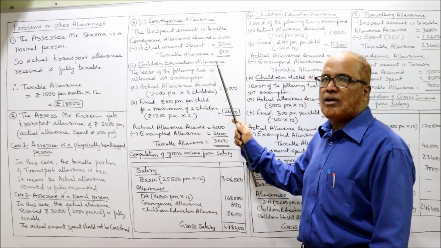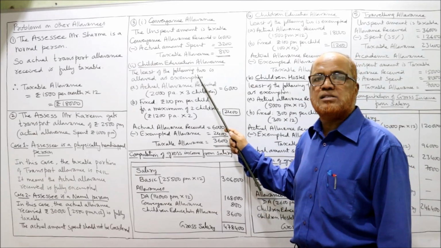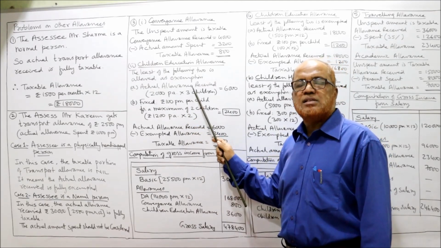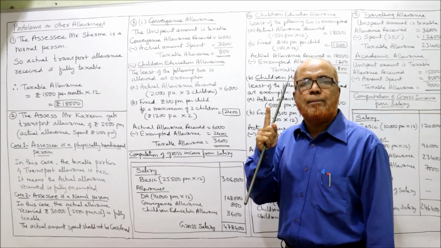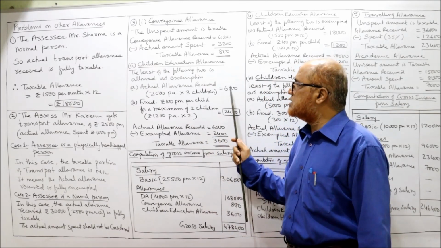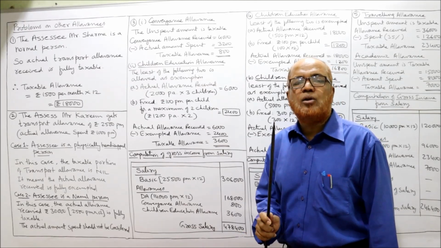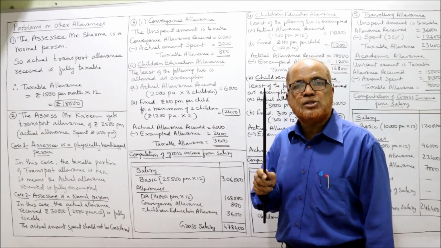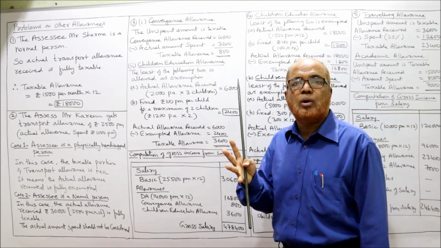Now children education allowance: the least of the following 2 is exempted, the remaining is taxable. The actual allowance received: he got 2,000 rupees per annum per child for 3 children, 2,000 into 3, 6,000 rupees. The Income Tax Act says 100 rupees per month per child, or 1,200 rupees per annum per child, for 2 children only, not 3.